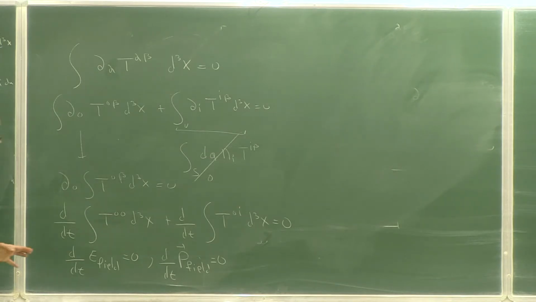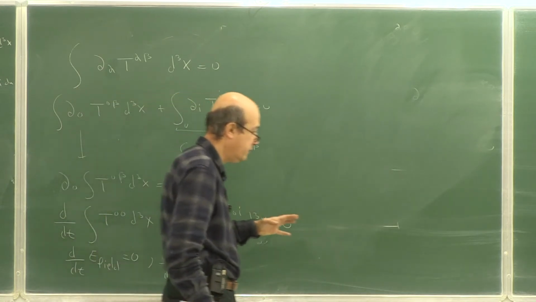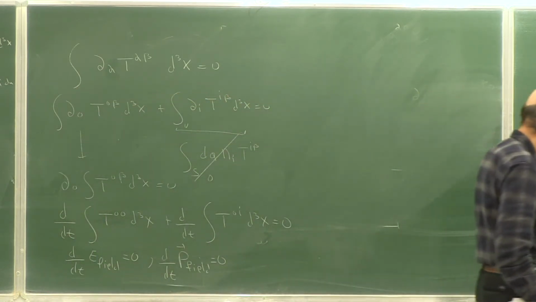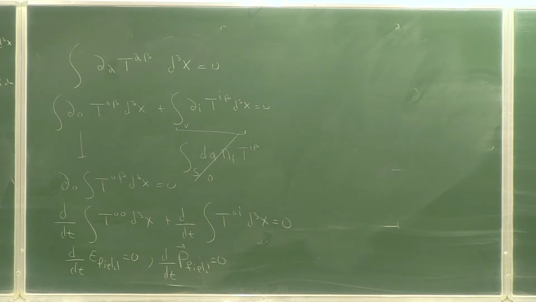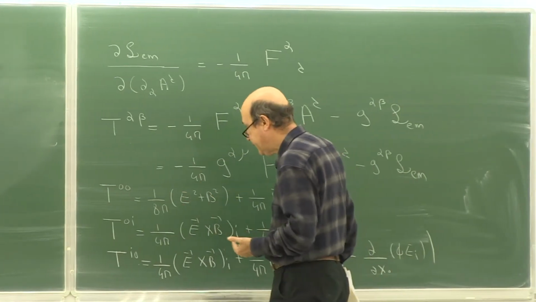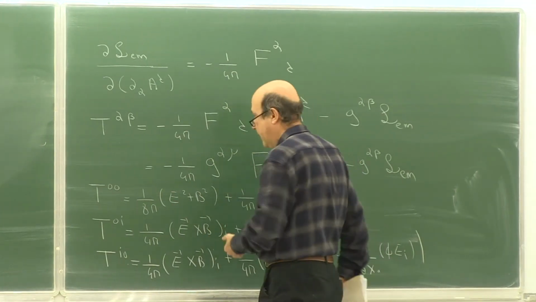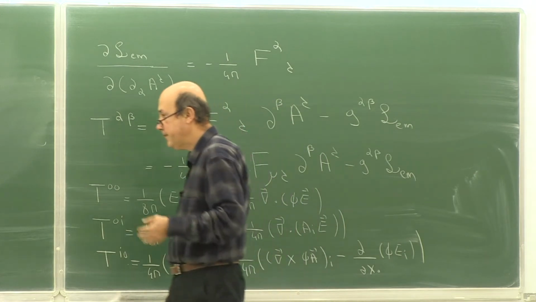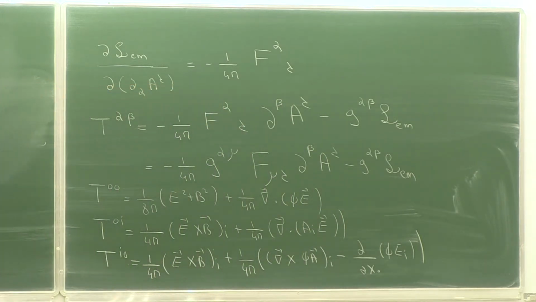There is no interaction of the electromagnetic field with charges and currents. The canonical stress tensor is not symmetric. It has gauge dependence, and also the trace is not equal to 0.